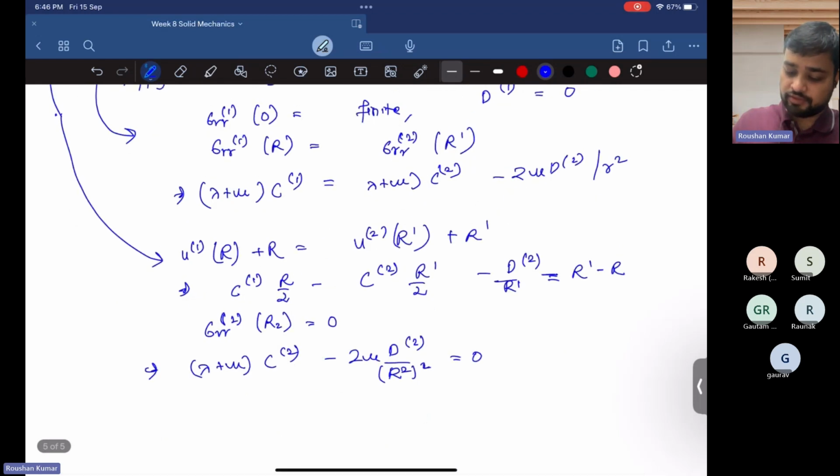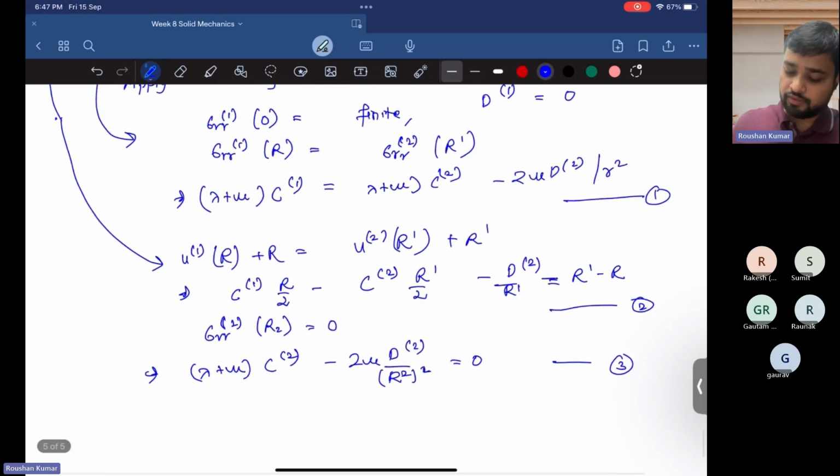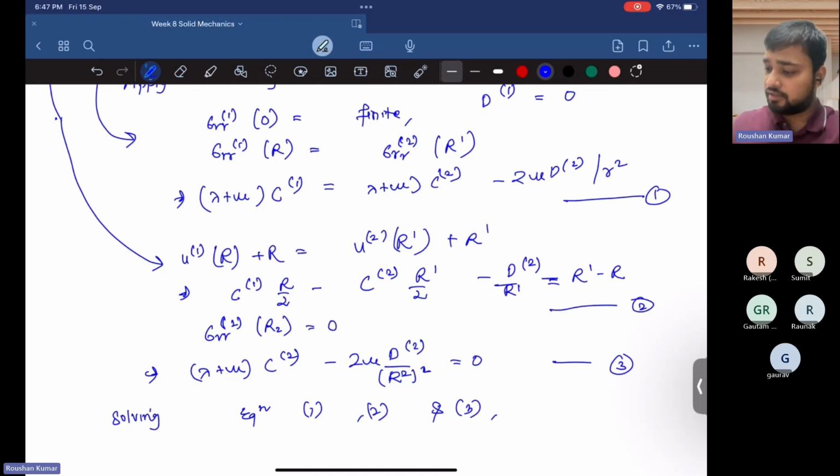Now solving these three equations, equation number 1, 2 and 3. If you see these three equations, we have three unknowns, C1, C2 and D2.